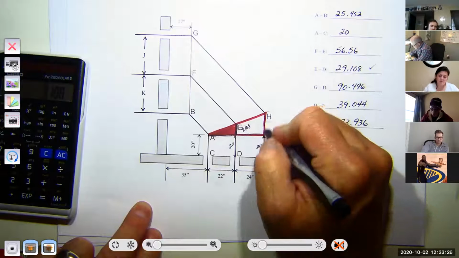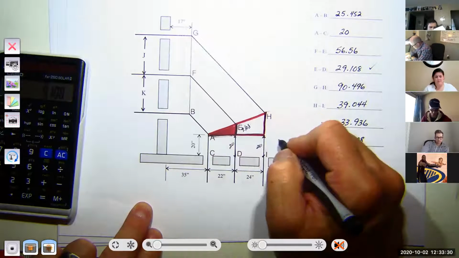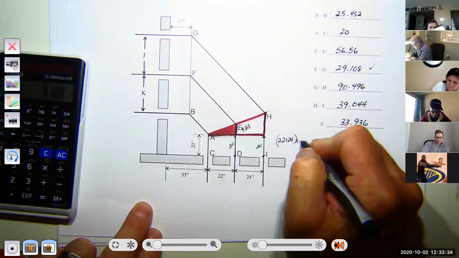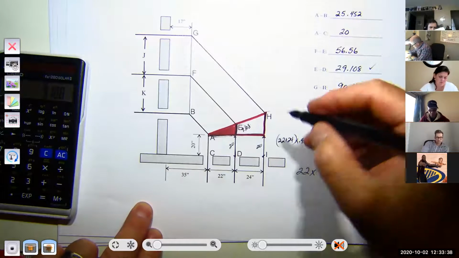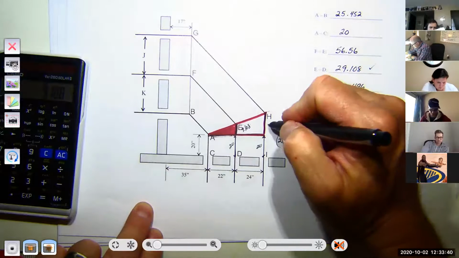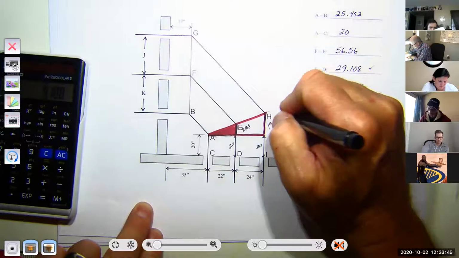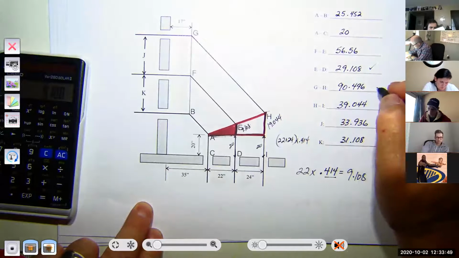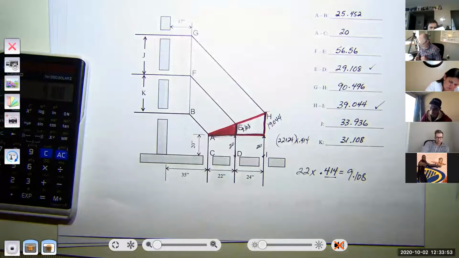And then we need to get this piece by going 22 plus 24 times 0.414, which is 19.044. And we add these two together to make 39.044.